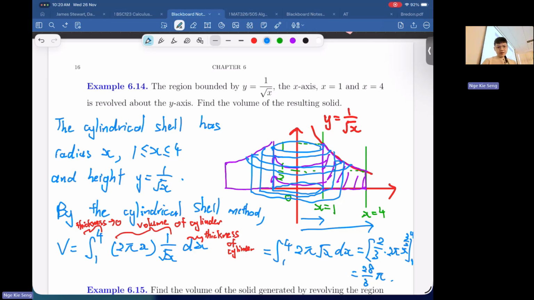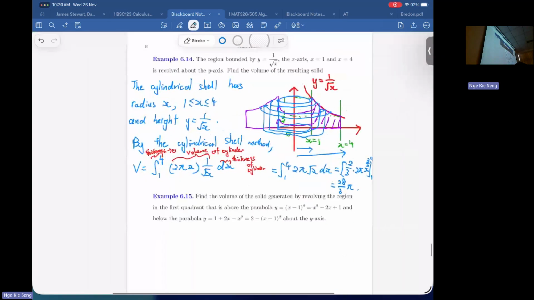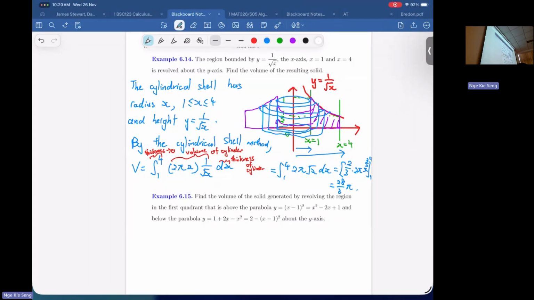Similarly, you can use another method. We can use the washer method here. So what's the washer method? Let's do it in another way. Let me show you the other way. Let's remove this thing here.